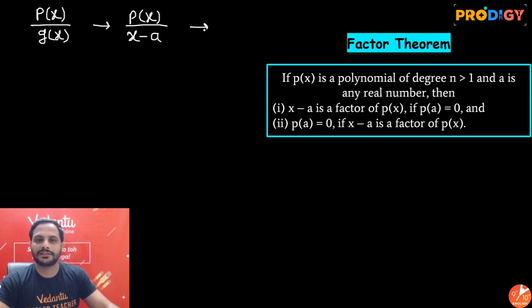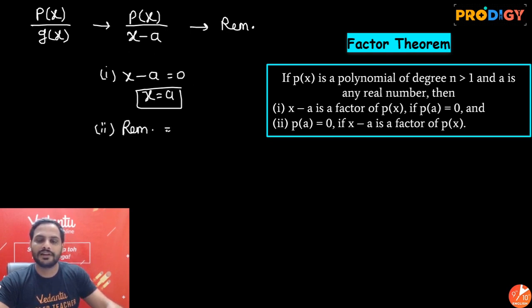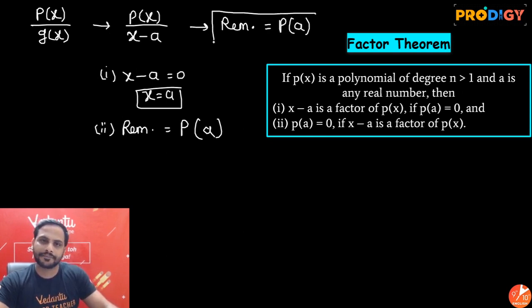So I know beta, in this case remainder will be equal to step 1, make divisor equal to 0. So x is equal to a, and remainder will be equal to the value of the dividend at x equal to a. So we know remainder is p(a), है ना beta?